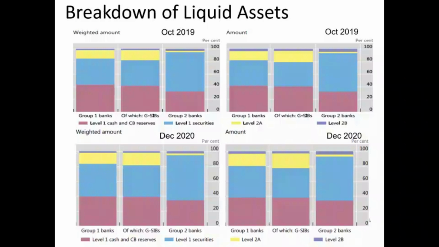But it's interesting on the whole, you can see that whether you're a smaller bank or a larger bank, ultimately you have somewhere between 30 to 40% of assets dedicated to cash or central bank reserves. And that shows you the amount of actual cash the banks hold for liquidity purposes. Up to 40% of your assets is in cash or reserves with your central bank. And think about the opportunity cost of just having that.